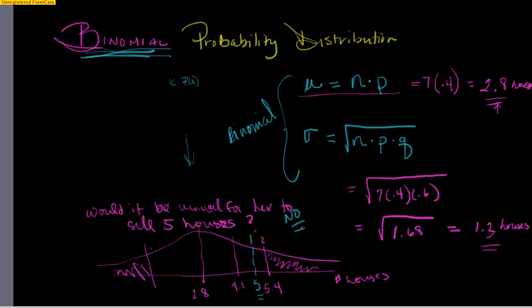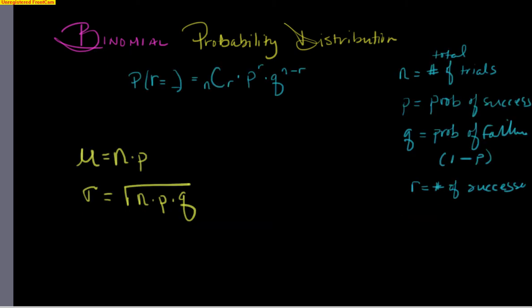Okay, so in summary, for a binomial probability distribution, we can find probabilities of any particular thing happening.